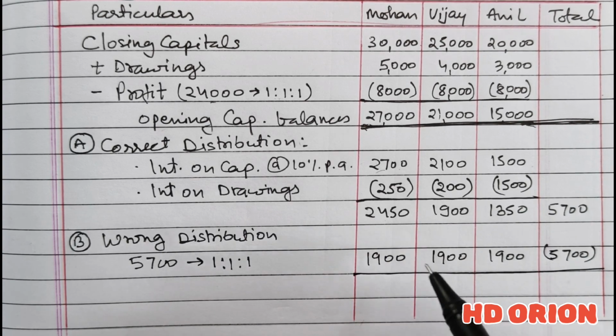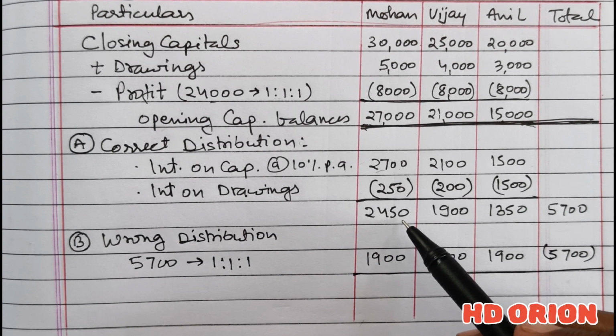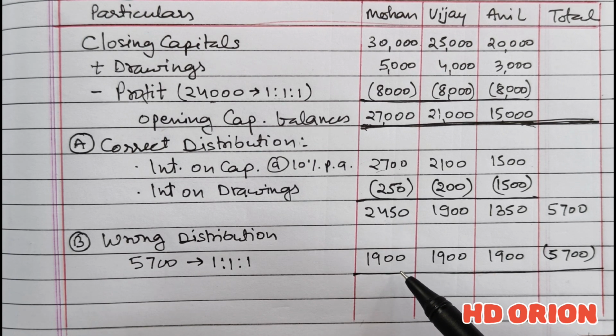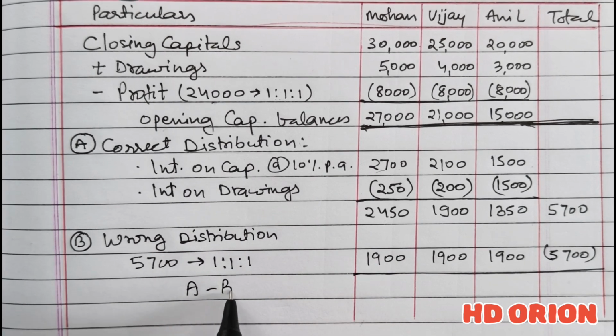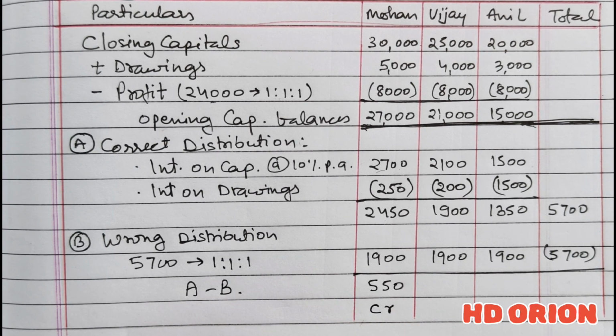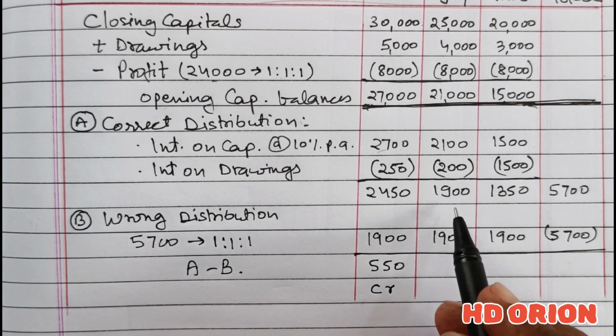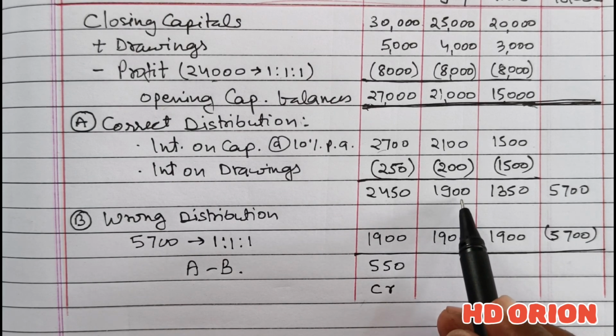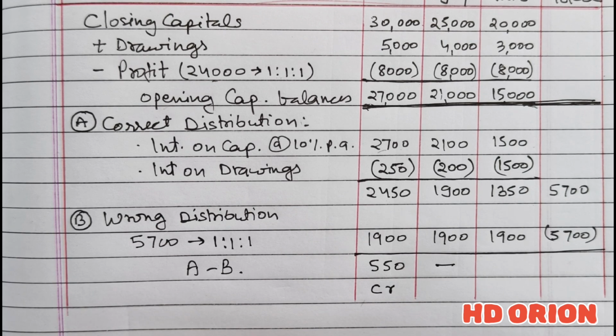So now we have to compare this. Mohan was supposed to receive 2,450 but was wrongly paid only rupees 1,900. It means Mohan should be paid the difference. So A minus B, when we are comparing, it is 550 rupees Mohan should get more. So the capital account is to be credited. Similarly, for Vijay, you see Vijay has by mistake got the correct amount, so we need not do anything with this.